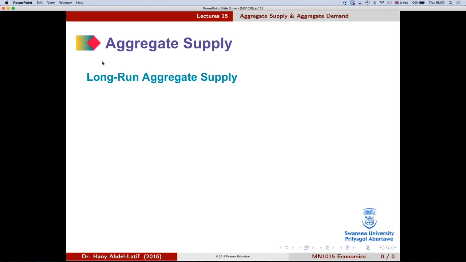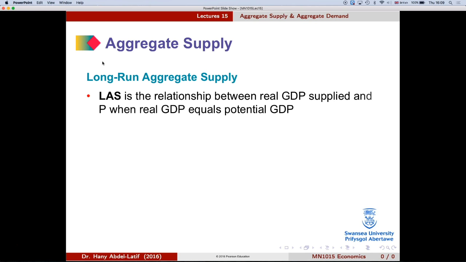With the long run aggregate supply, the relationship between real GDP and the price level is when the real GDP is at its potential, or equals the potential GDP. So in the long run, the long run aggregate supply will be the real GDP when the real GDP equals the potential. Remember, the potential GDP is the full capacity for any economy.